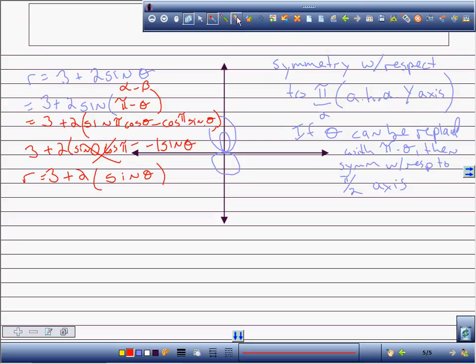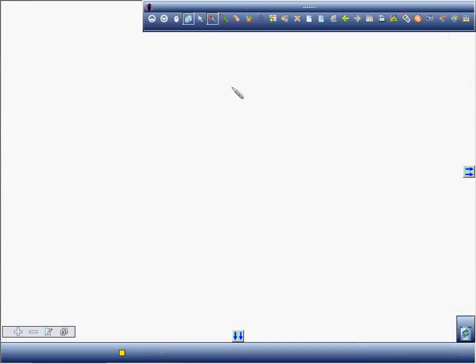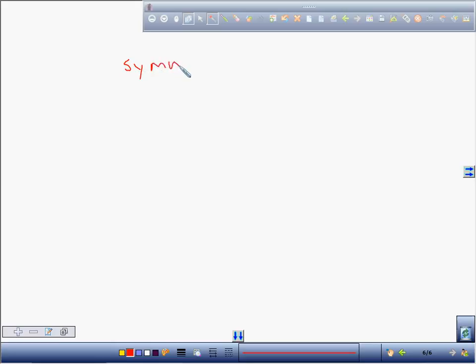Next thing about symmetry, and then we're just going to graph a function, and then we'll be done. So symmetry with respect to the origin.